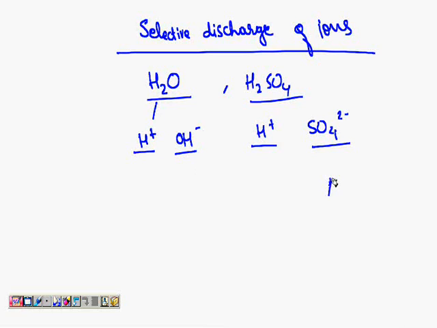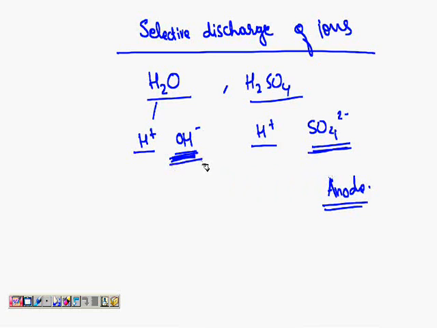Now if they reach the anode, which ion out of OH and SO4 should get discharged? Now see, every substance has its own chemical reactivity. Depending upon that, it has the ability to lose or gain electrons. In the same way, these groups of atoms, the radicals, the sulfate radical SO4 2 minus and the hydroxide radical OH minus, have a particular tendency to lose electrons in comparison with each other.